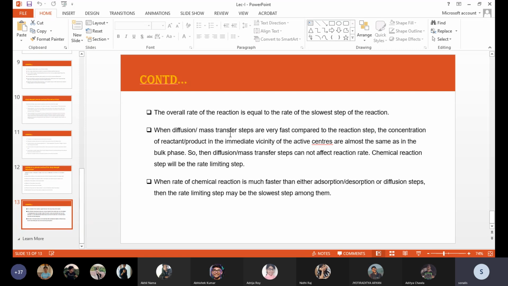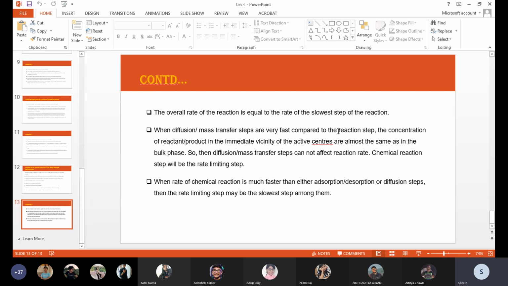When diffusion or mass transfer steps are very fast compared to the reaction step, then what will happen? The reaction step is slower than the mass transfer steps. Then the reaction is limiting the rate of the whole process. Rate means what? Per time, how much progress is done.